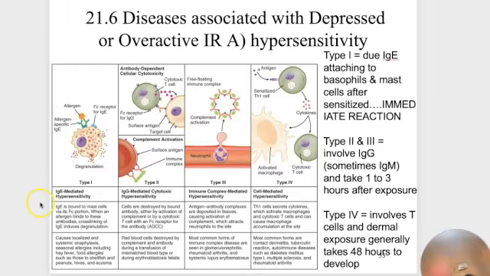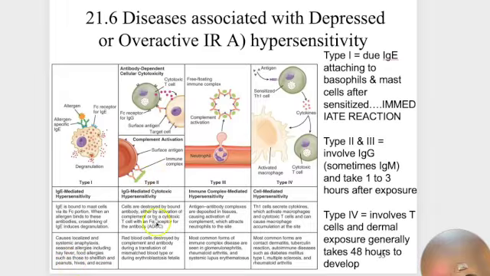So here are some of the immunoglobulins that we saw. Just have to memorize some of these. Type 1 is due to IgE. IgE is an allergy, like seasonal allergy, hay fever and all that stuff.